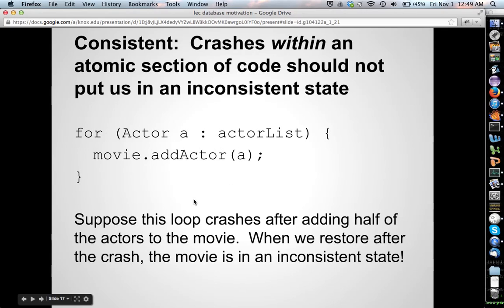Now suppose this loop crashes after half of the actors in this actor list have been added to the movie. Well, when we try to restore after this crash, the movie's in an inconsistent state because only half the actors have been added to it. So if we rerun this code, some actors will be in there twice, some will only be in there once. We would never want that to happen.